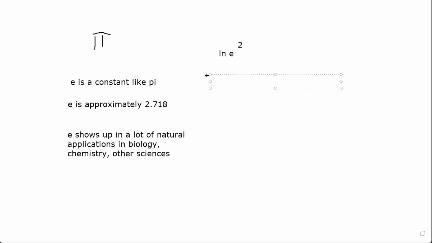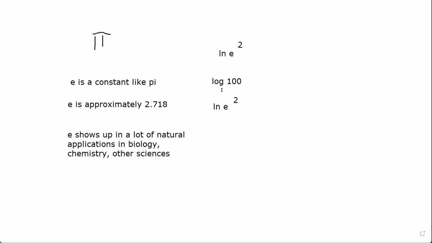You've seen the log of, let's say, 100, or you've seen things like ln of e squared, for example. Now, log of 100, notice I don't have a base written down here.